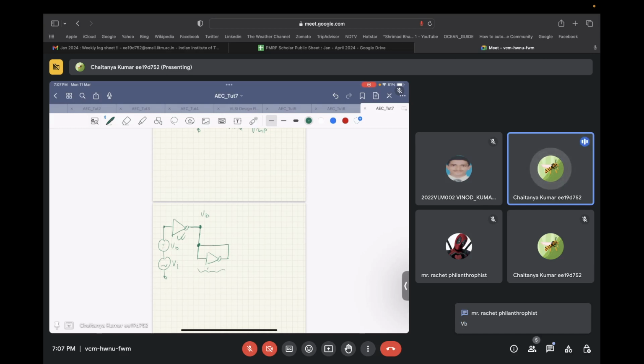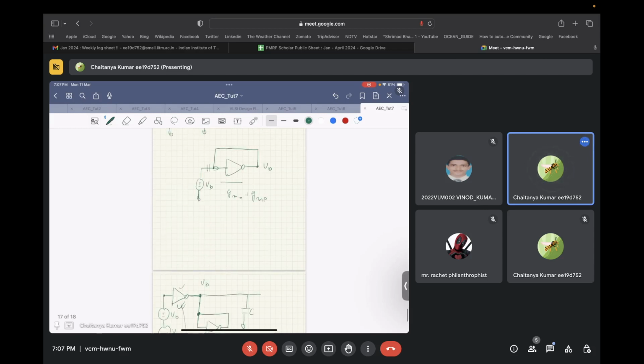Both input and output are biased at VB. Is this clear? Okay. So this behaves again as the input transconductor that we had. Now the capacitance is just a passive capacitance, that is okay.